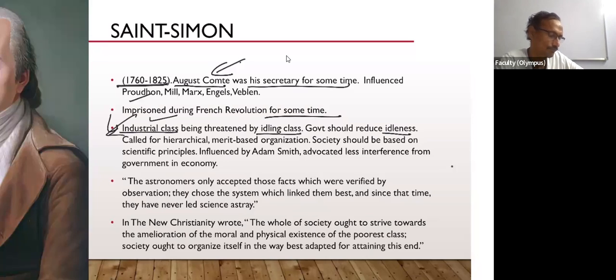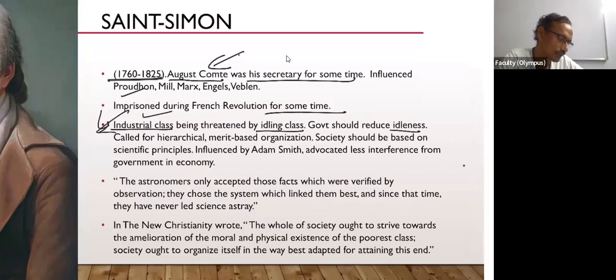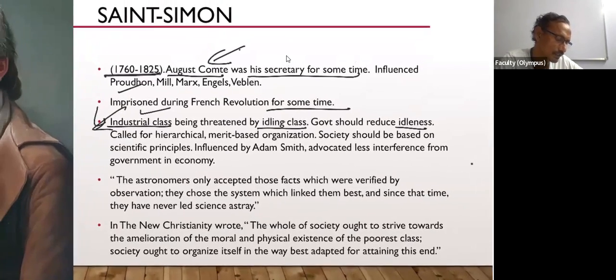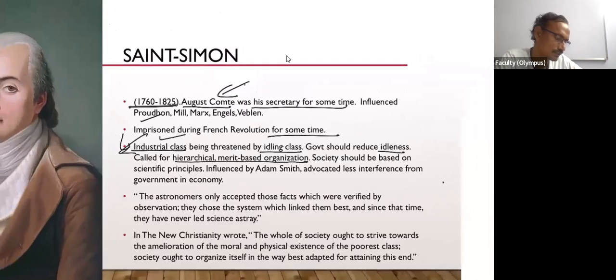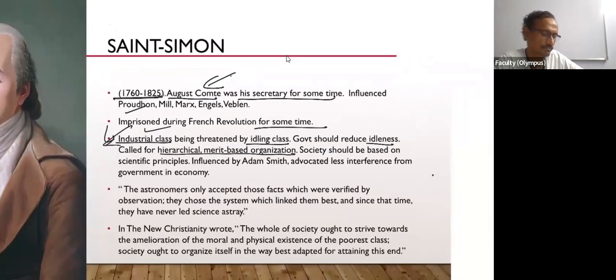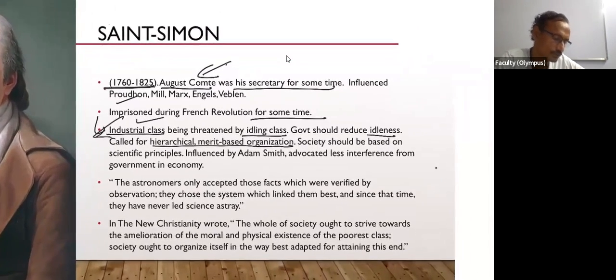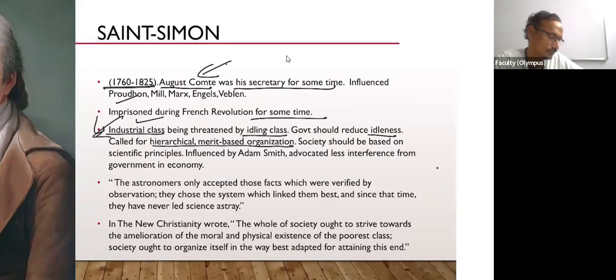And next, he called for hierarchical, merit-based organization. This is bureaucracy. Society should be based on scientific principles. And he was influenced by Adam Smith, and advocated less interference from the government in the economy. And he believed systems should be based on scientific understanding of man and society.